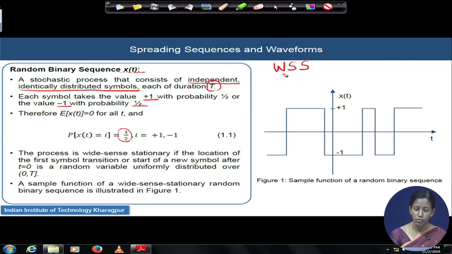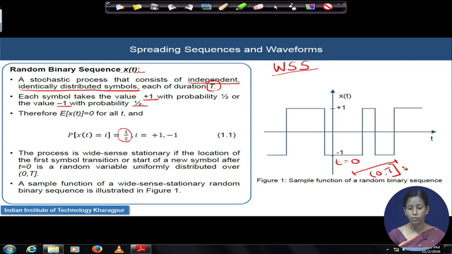Wide sense stationarity demands that the arrival of the first symbol, or any new symbol after t equal to 0, which is obviously random, is a random variable whose occurrence is uniformly distributed over the open interval 0 to capital T. Then we can declare that the process is wide sense stationary.